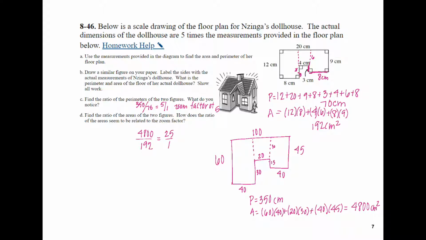And if we compare these two numbers, 5 and 25, we should notice that the ratio of the area equals the perimeter ratio, 5 squared. So we would say that it is a zoom factor of 5 squared.